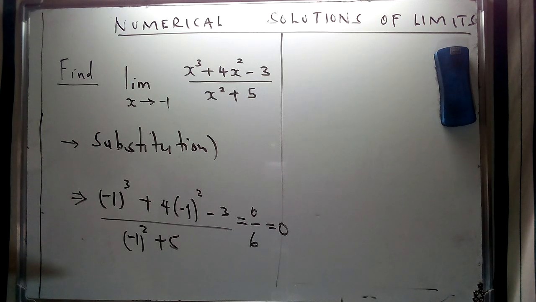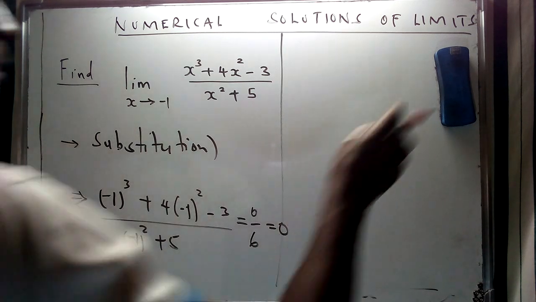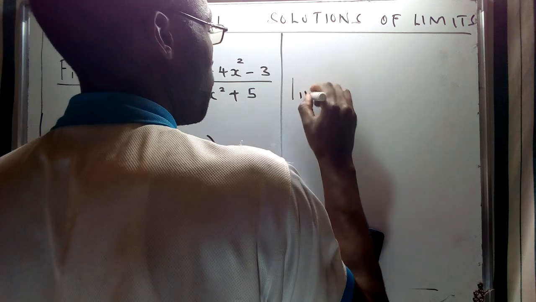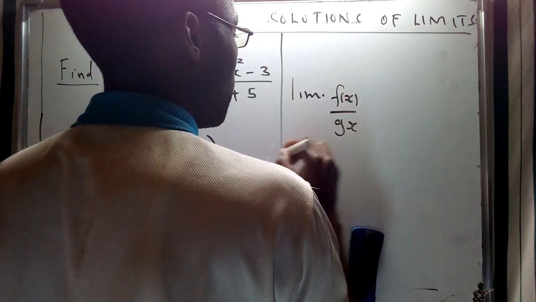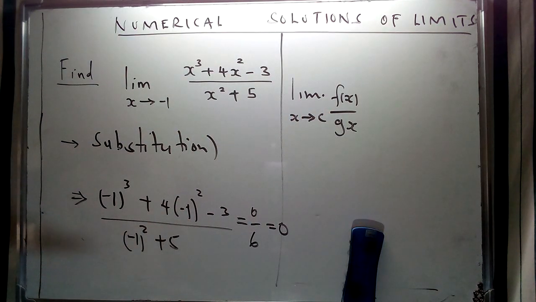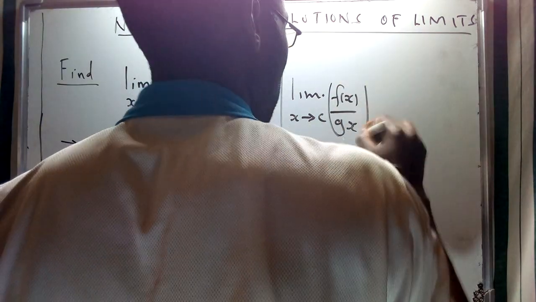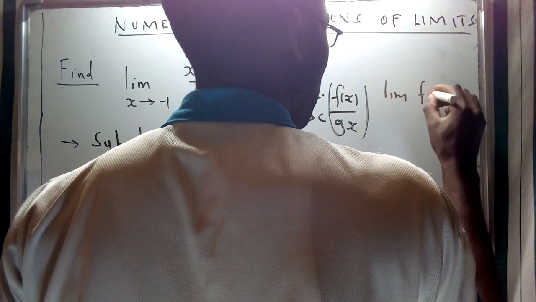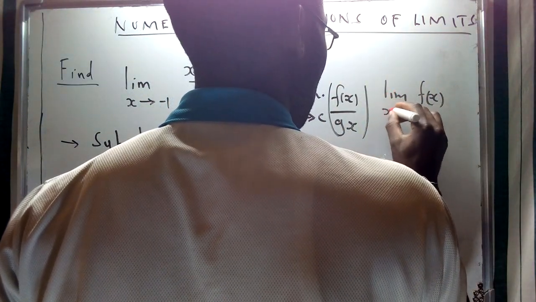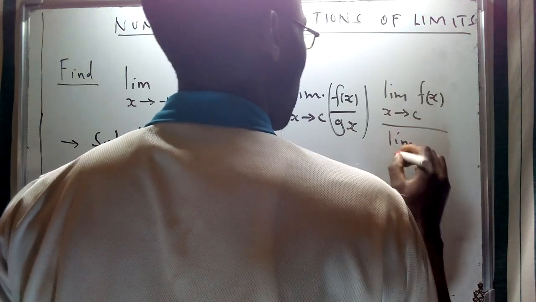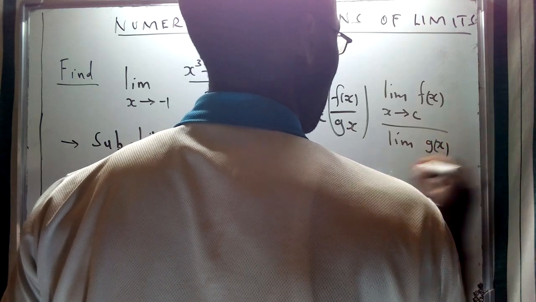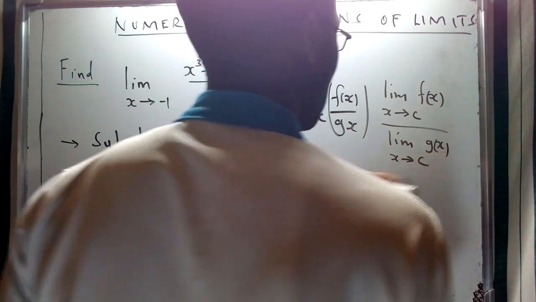And we had given a general representation for such a limit, whereby we said that the limit of a function f(x) over g(x) as x approaches a particular value, say c, can be given in terms of the limit of f(x) as x approaches c, all over the limit of g(x) as x approaches c.